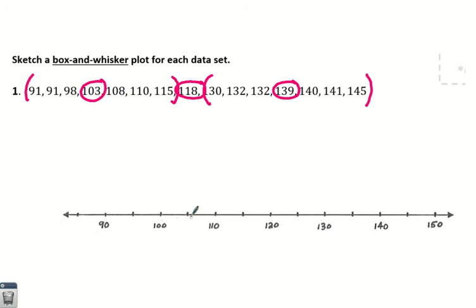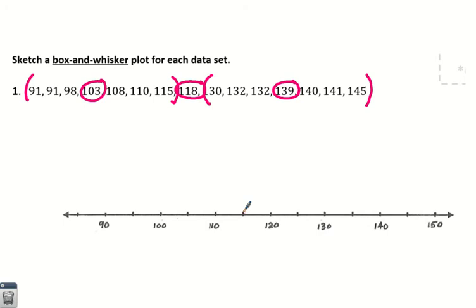So let's look down here. Look at the way I labeled my number line based on my span of numbers. It looks like that would be 95, and that would be 105, so my little hashes are going by 5s.